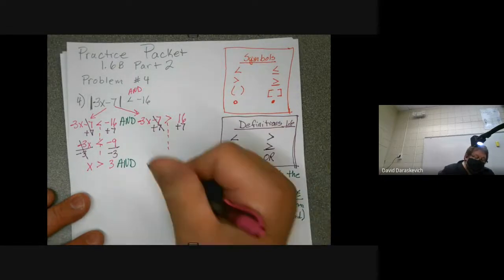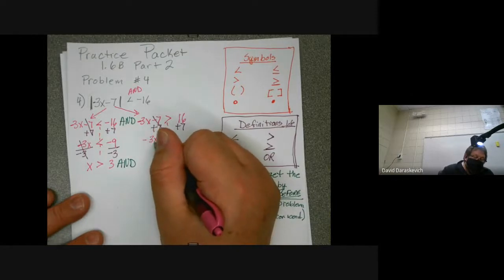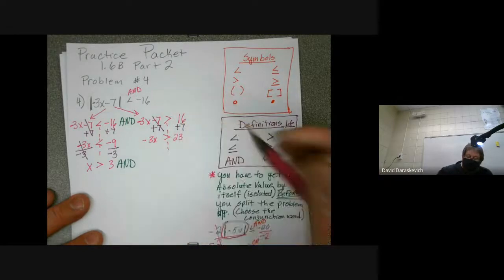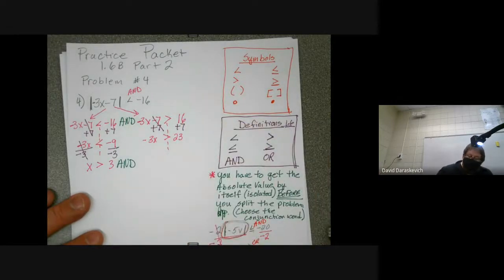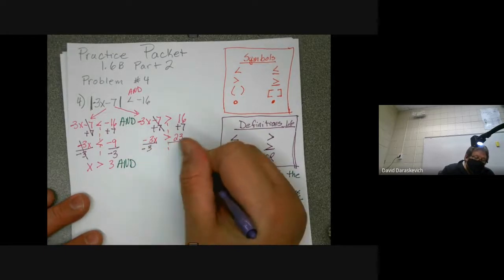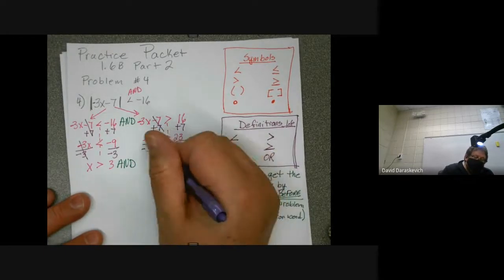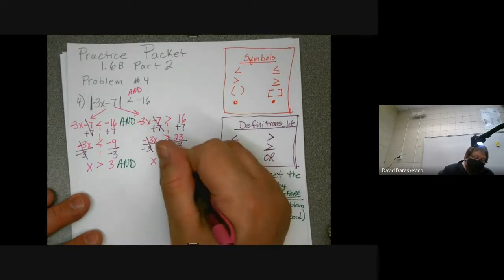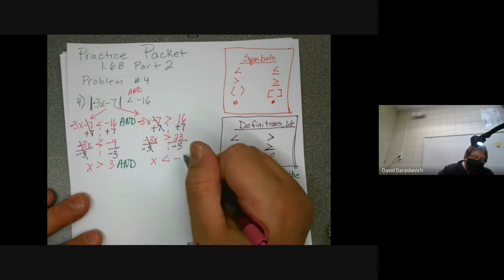I get -3x greater than 23. Divide by -3. Divide by -3. And I get x flip -23/3.